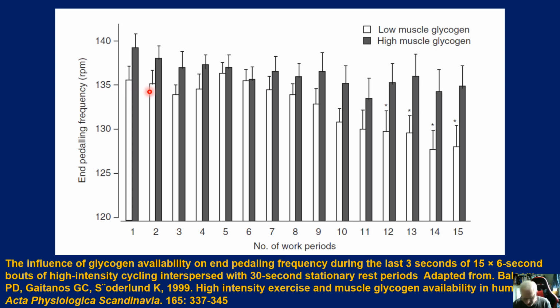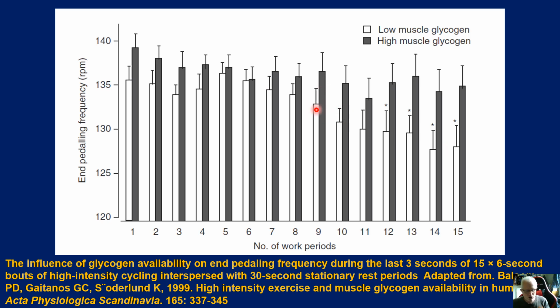And so you go into the next sprint already with a markedly reduced PCR concentration. So the net result is that irrespective of whether you've got high or low muscle glycogen, after a number of sprints, actually a very short number of sprints in this scenario, PCR is almost completely degraded, it's almost gone. So then there is an increased reliance on muscle glycogen. And at that point, where glycogen becomes limiting, look at the force output.